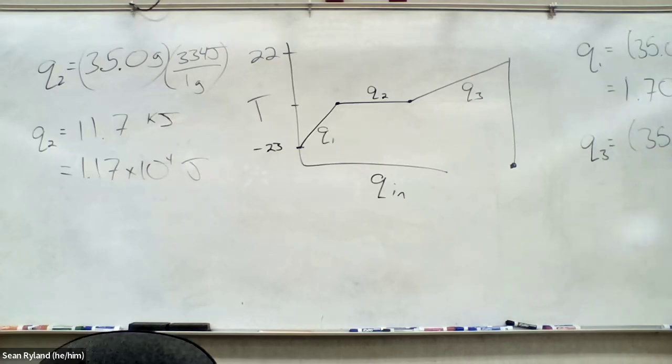Typically, this is why we see things reported in kilojoules all the time. It turns out a joule is just a really small amount of energy. Kilojoules usually makes more sense. And because our specific heat is just about double, our answer here is going to be about double, something like 3 kilojoules.